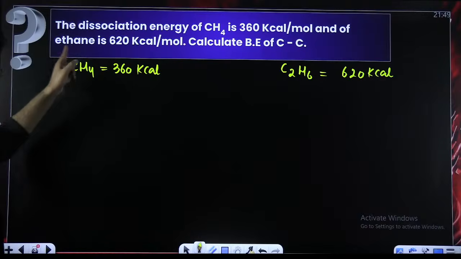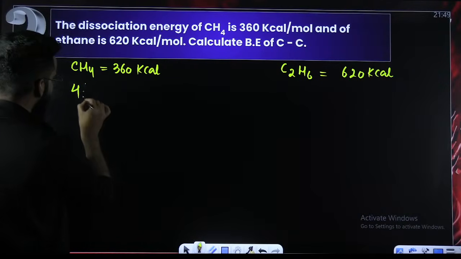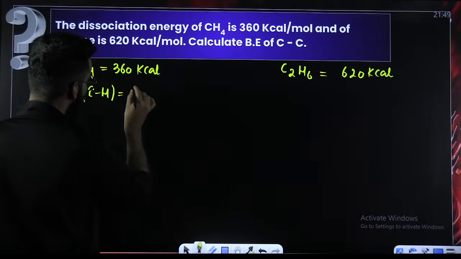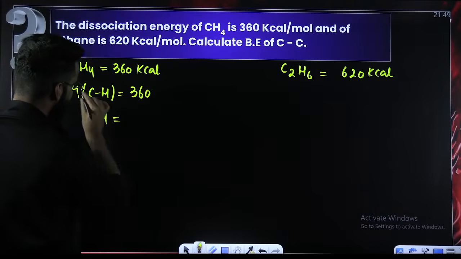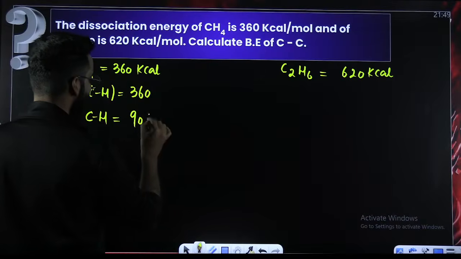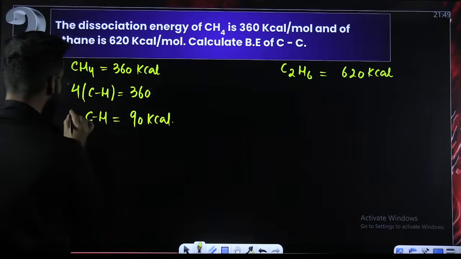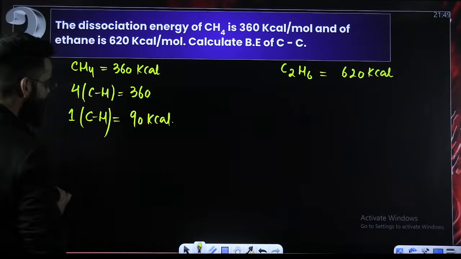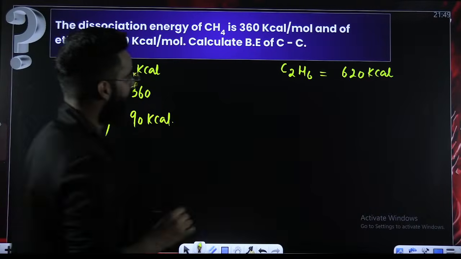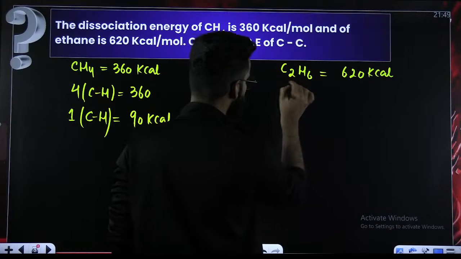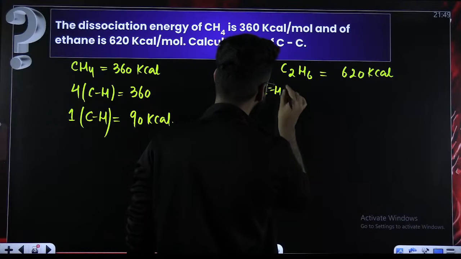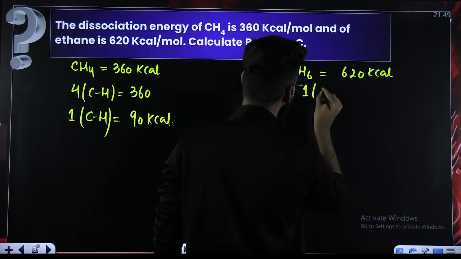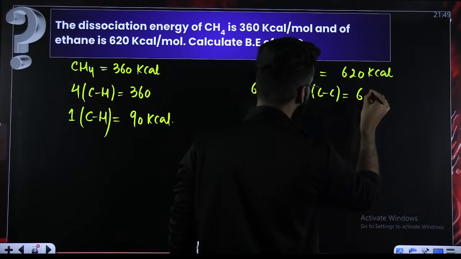Over here, how many bonds do we have to break? 4 C-H bonds. So in order to break 4 C-H bonds, 360 kilocalories are needed. So in order to break 1 C-H bond, 360 divided by 4 is 90 kilocalories. In C2H6, we have 6 C-H bonds to break, and there is 1 C-C bond we need to break.